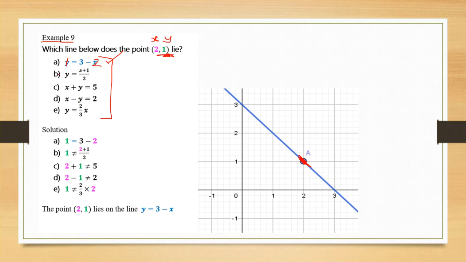Is it true for part B? So does 1 equal 2 plus 1 over 2? So 3 over 2 doesn't equal 1, so that's not right. So you can see the working that I've done here. X is 2, so does 2 plus 1 equal 5? No. This symbol means not equal to, by the way.